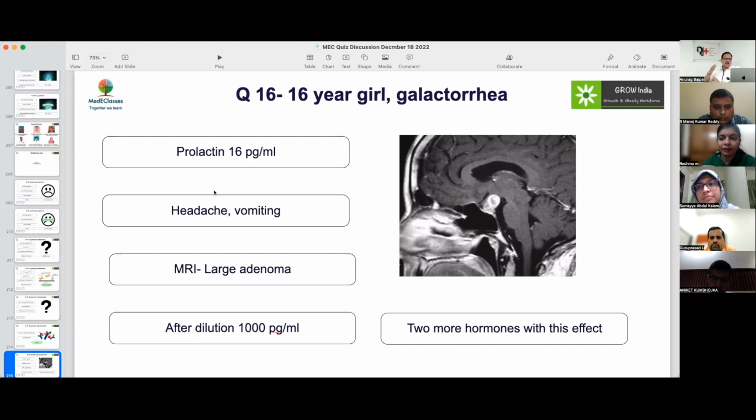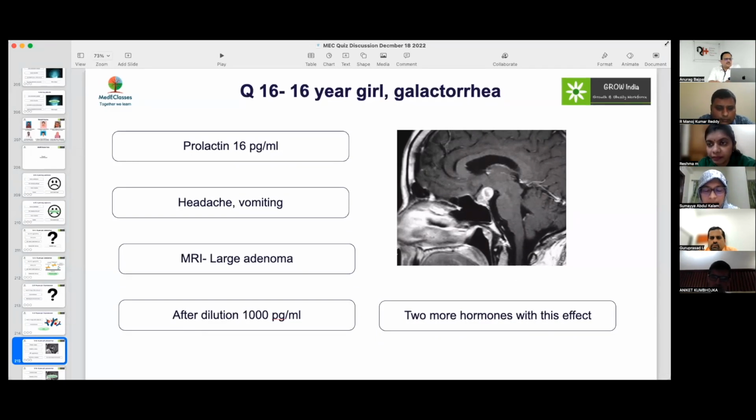So we are continuing these lab errors. 2 more hormones other than prolactin which are affected by the hook effect. Dr. Aniket? Yes, sir. 2 more hormones. Is it TSH that can have this problem?